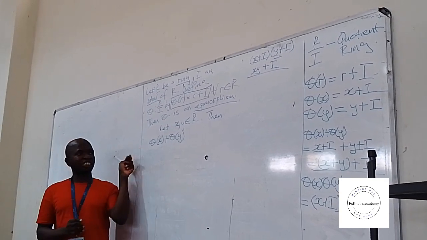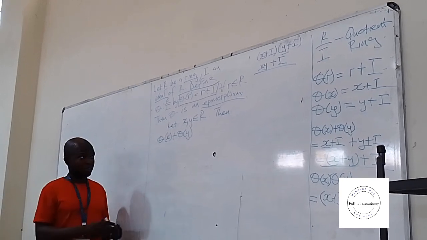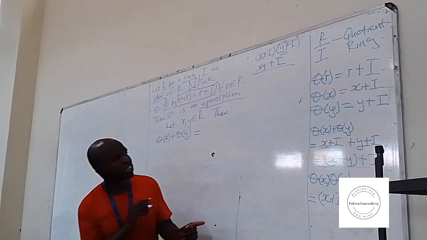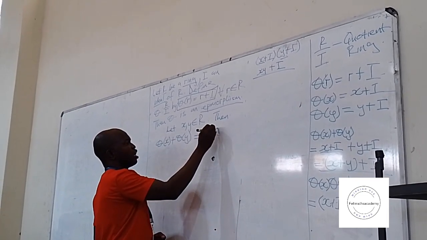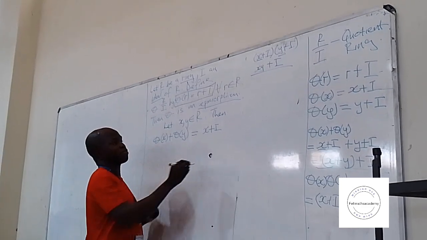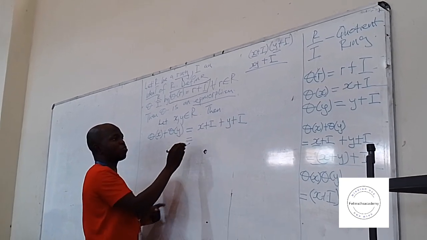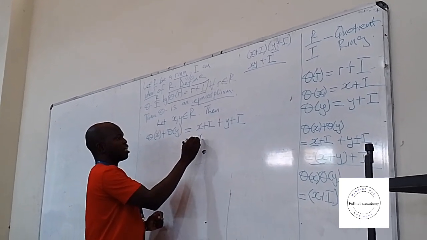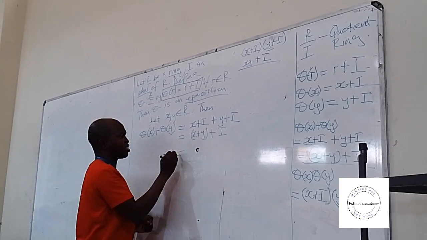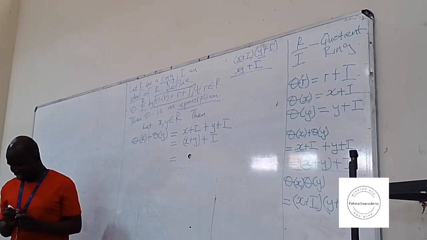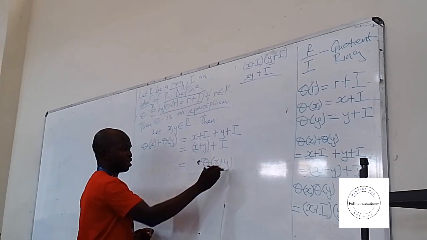Indeed, this is equal to, according to this result, x plus I plus y plus I, which is equal to, we add x and y, x plus y plus I, which is equal to theta of x plus y. Okay?